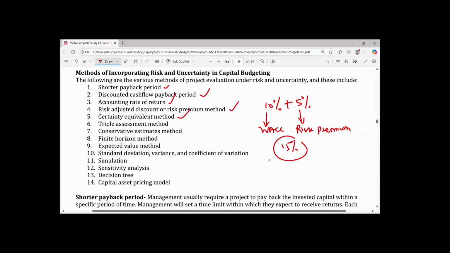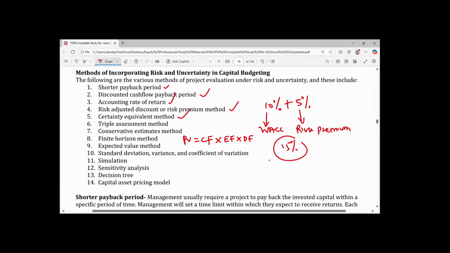So that will give you the present value for each year. Then you sum everything, you less it from your cash outflow, and you have your NPV.